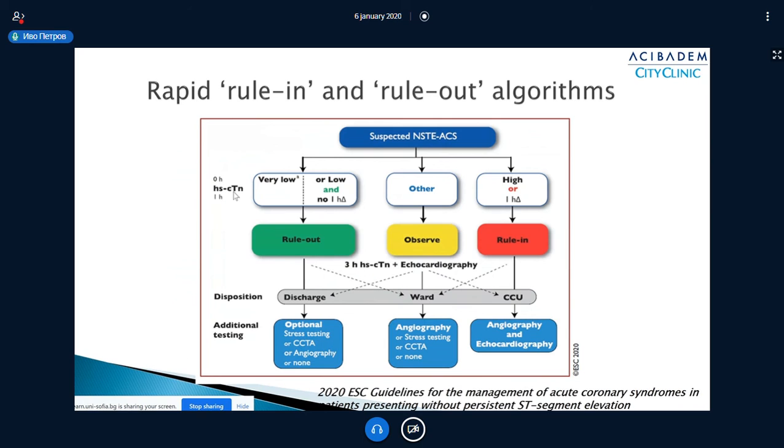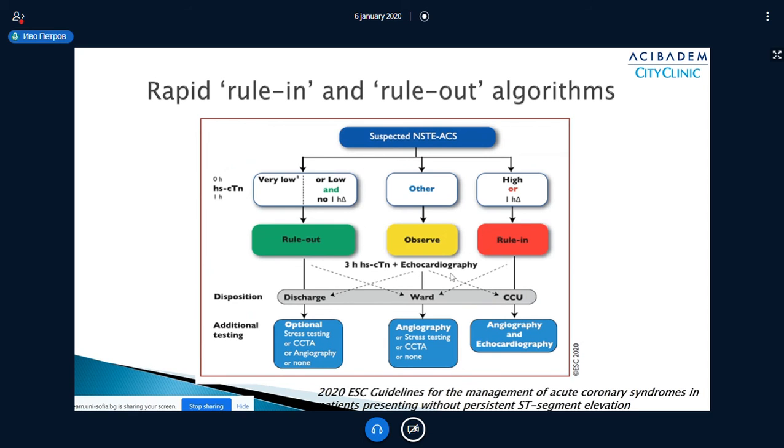In case the high sensitivity troponin is negative, the patient is low risk. In case there are rapid changes on the ECG and the echo during the early follow-up, the patient is high risk, so the patient is going more for the invasive approach.